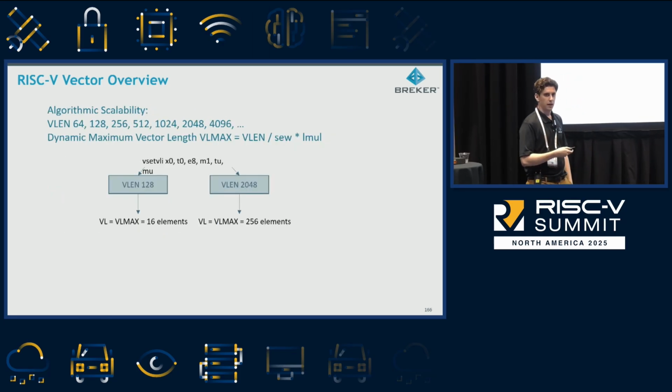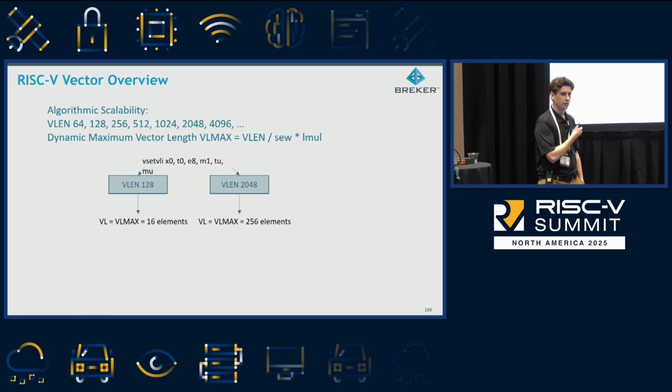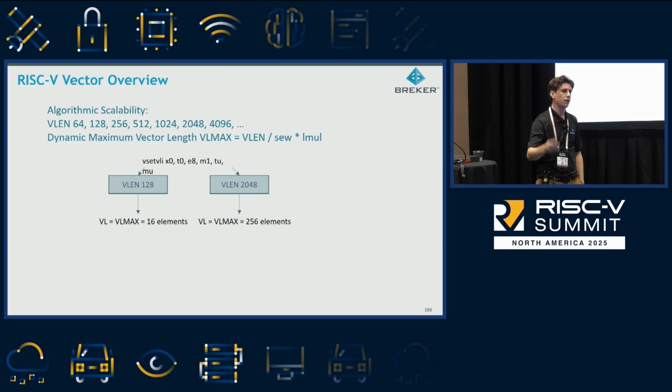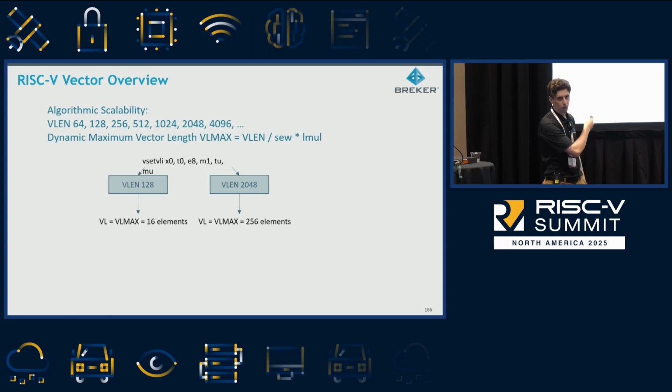So what does this get us? Well, one of the really, really cool things in RISC-V vector is that we have algorithmic scalability. VLEN, that capital VLEN, is an architecture-specific parameter, which means that every architecture is going to have a different one. Does that mean that you can only write software for one architecture? No. Very cool thing is we have this VLMAX parameter, which is determined, as you can see there, between that capital VLEN, the standard element width that you're using, and the multiplier that you're using.